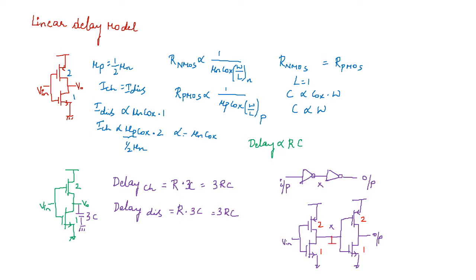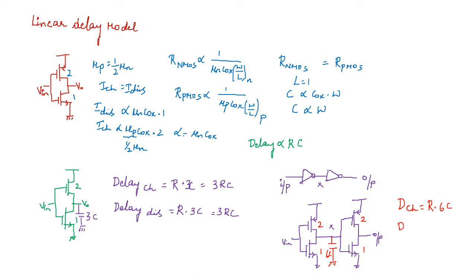Therefore the total capacitance here will be 2C due to this PMOS, C due to this NMOS, 2C due to this PMOS, and C due to this NMOS again. Therefore the total capacitance here will be 6C. So now in this case, the delay due to charging will be the resistance offered by the PMOS into the effective capacitance at the output X, which is 6C. Here I am talking about the charging and the discharge delay at this point, right?